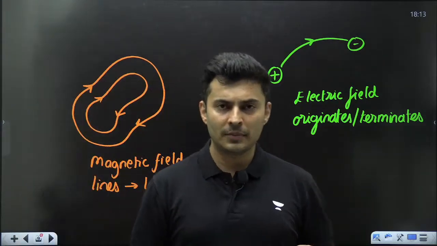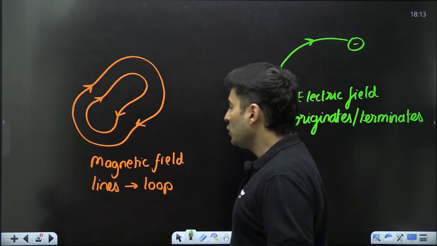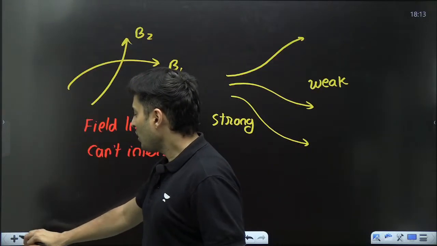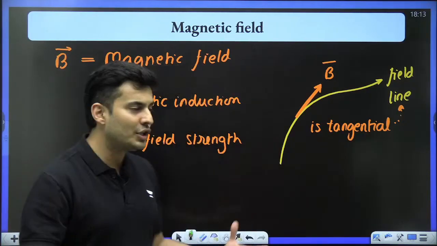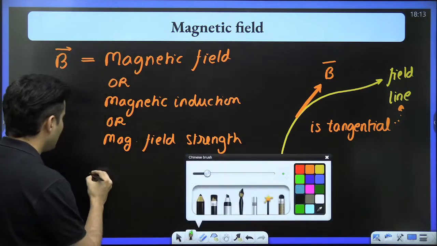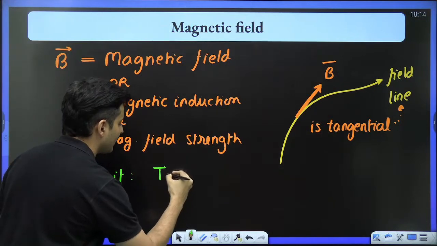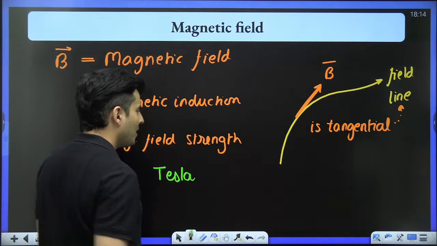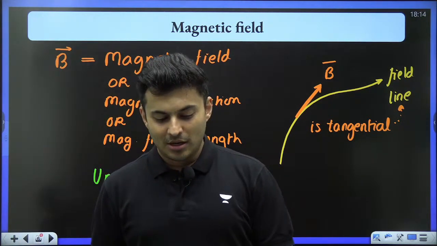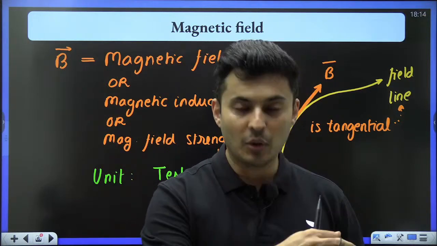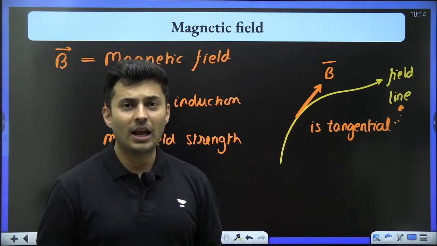Very, very important. Talking about the unit of magnetic field. What is the unit of magnetic field? The unit of magnetic field in SI is basically Tesla. Tesla, that same company that you are well aware of, making very nice electric cars by Elon Musk, right?